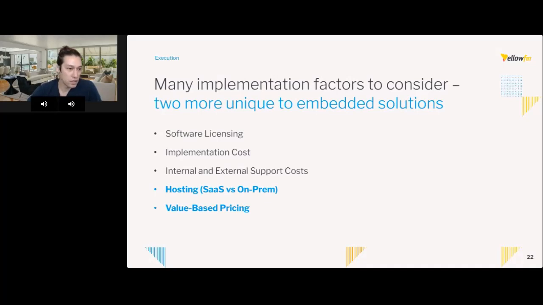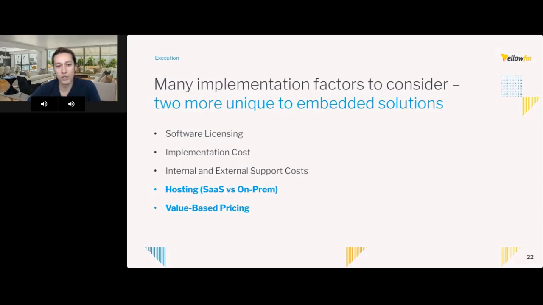Software licensing, implementation costs, internal and external support costs, all of those are important, not just for embedded projects, but for traditional projects as well. But there are two aspects highlighted in blue here that are a little bit more unique for embedded, and that is hosting, SaaS versus on-prem, and also value-based pricing.